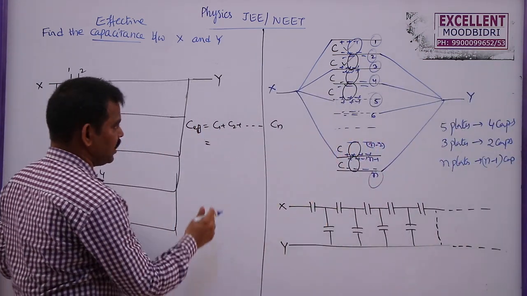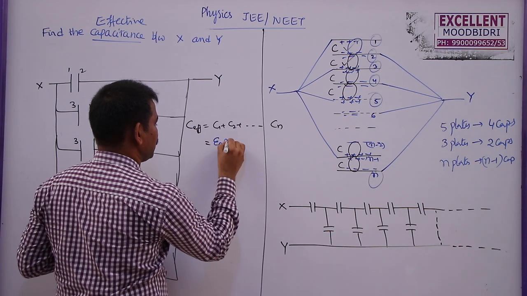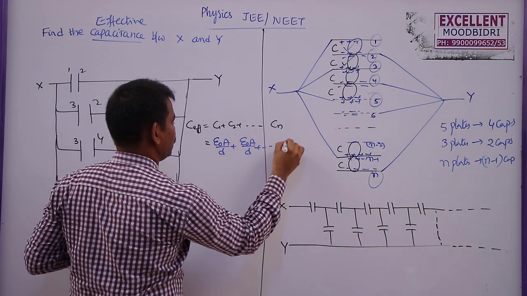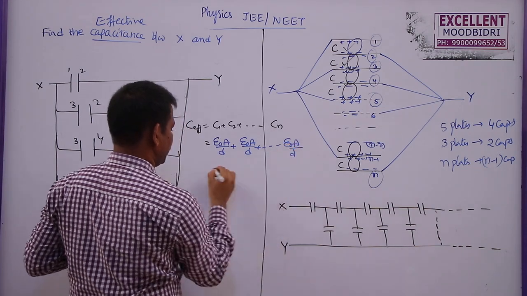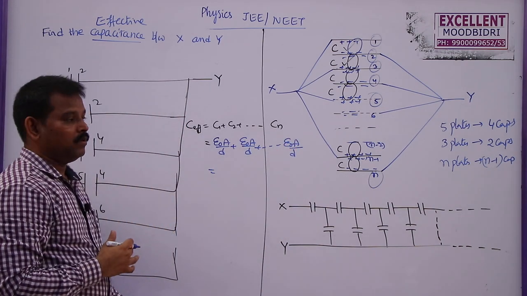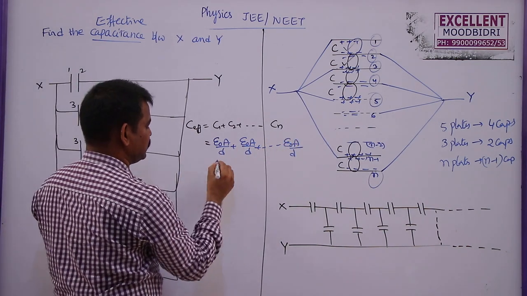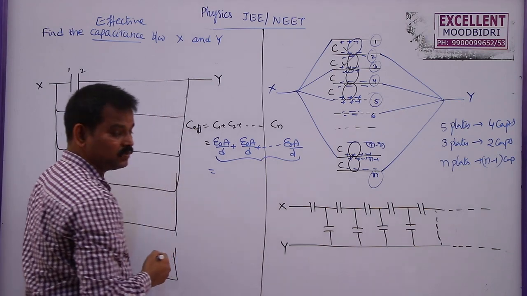So here, the capacitance of each one is epsilon naught A by D. This is also epsilon naught A by D, and so on, epsilon naught A by D. As we know that n plates will combine to give n minus 1 capacitors, there will be n minus 1 terms.